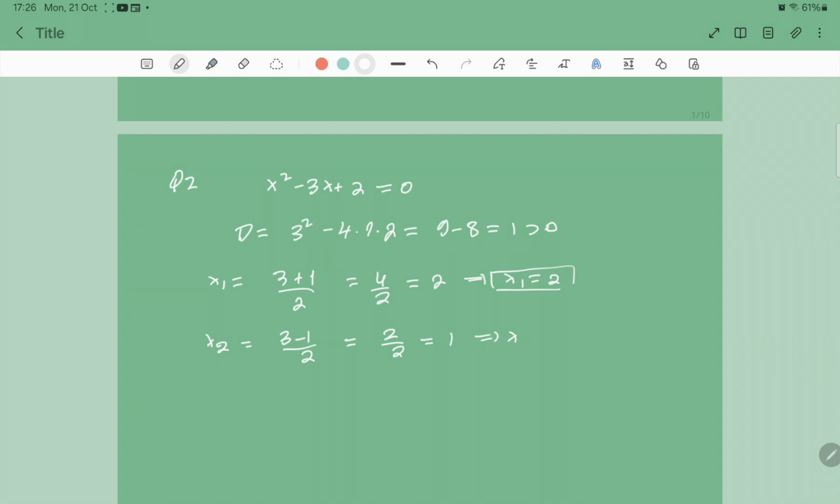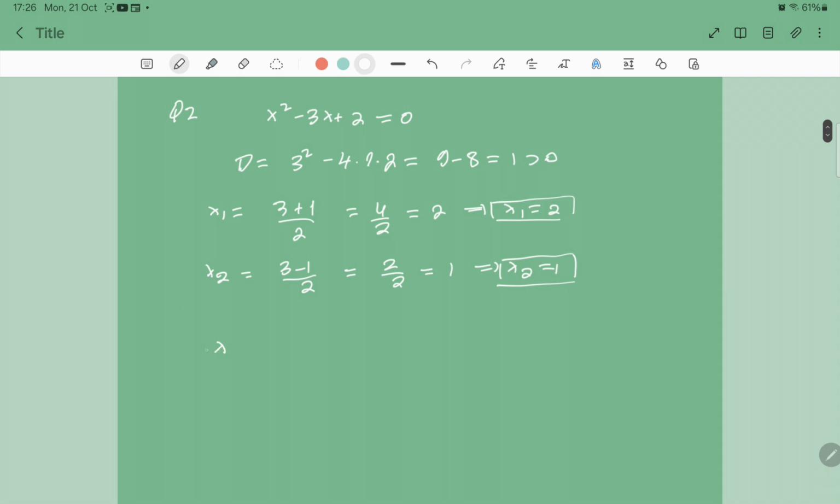This is 1. The factorization is the following. 1 times x minus 2 times x minus 1. So it's x minus 2 times x minus 1.